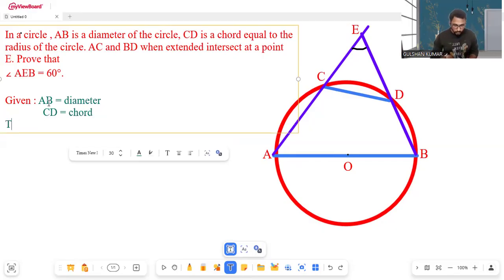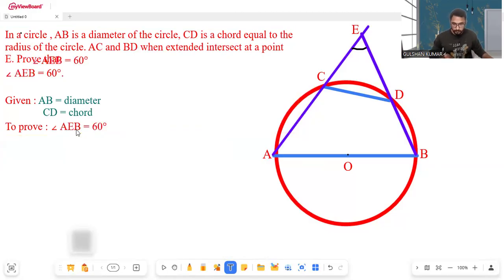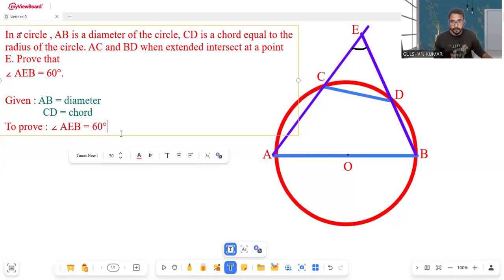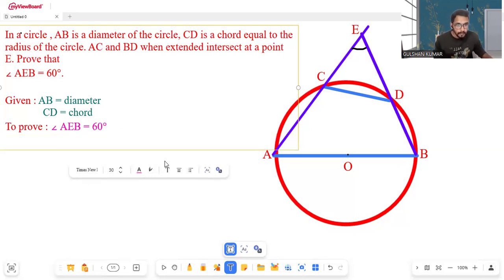Now, to prove: basically we have to prove here that angle AEB is 60 degrees.